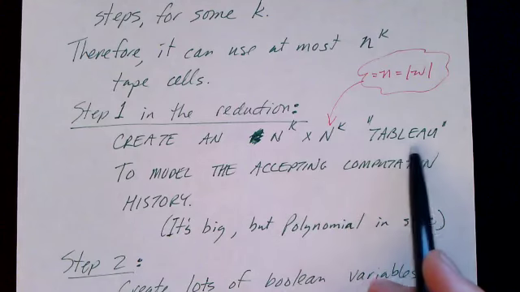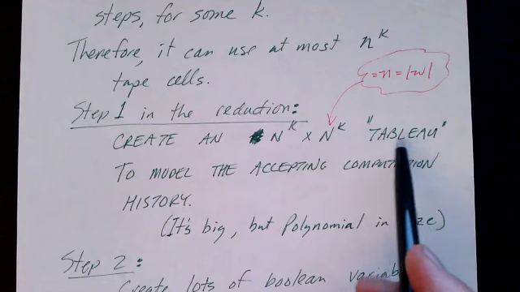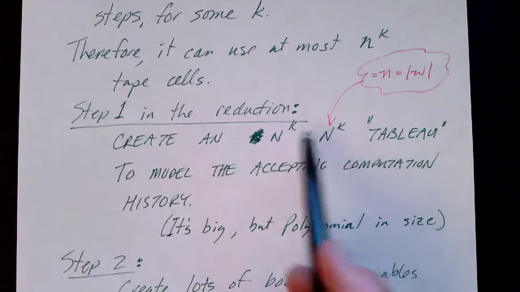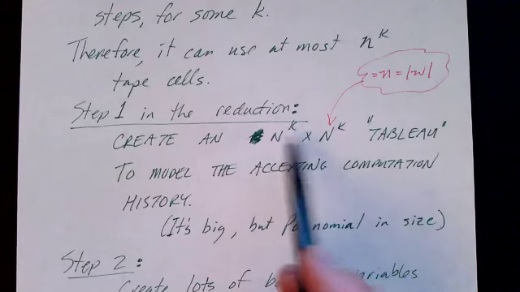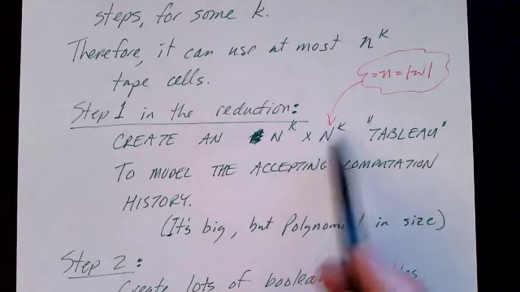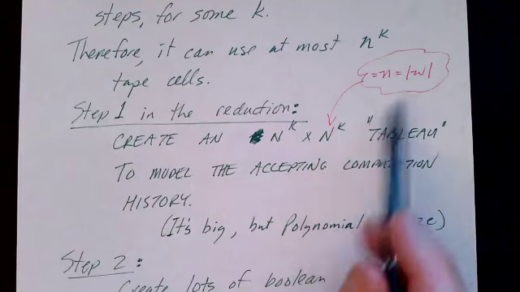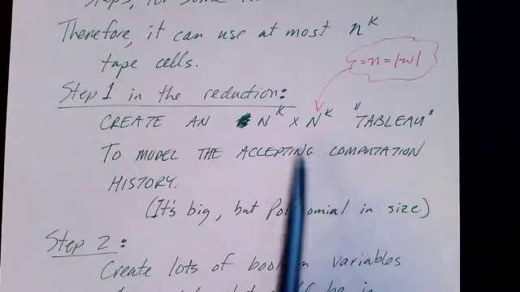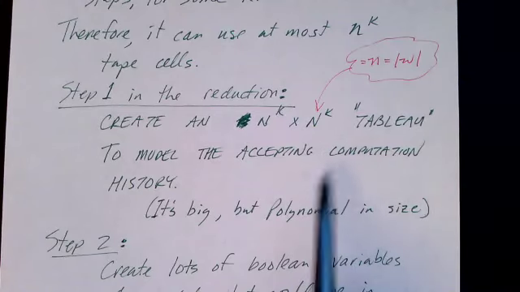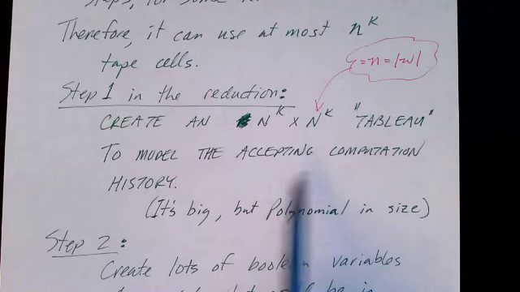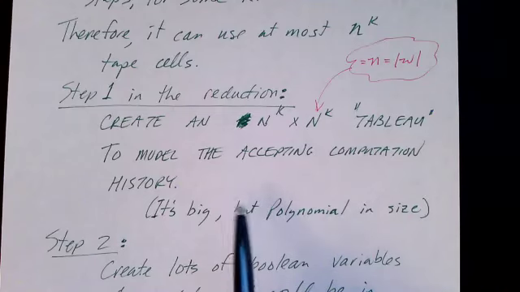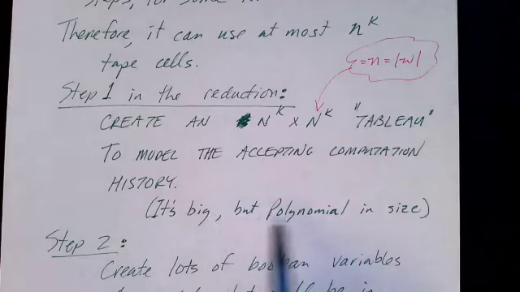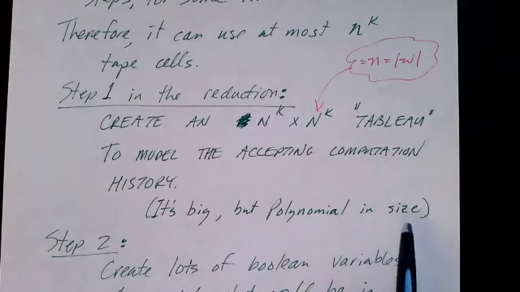Each cell in the table we'll talk about in a second, but the size of this table is n to the k times n to the k. Here this n is the small n for the size of W. And this table is going to model the accepting computation history. It's a gigantic table, it's big, but it's still polynomial in size.